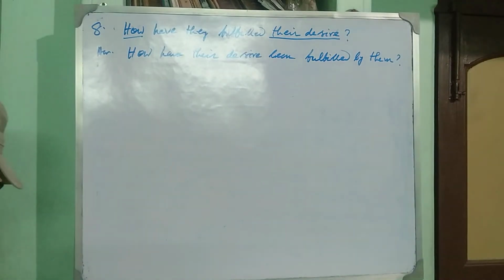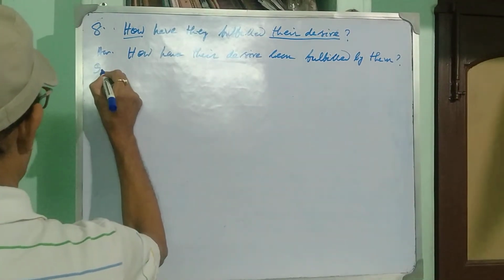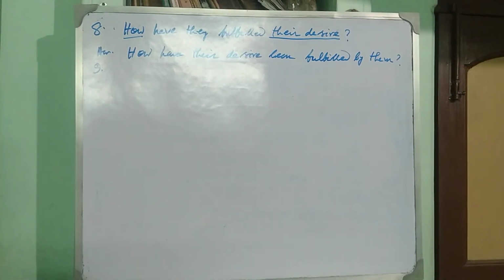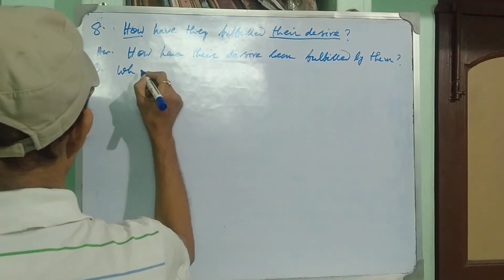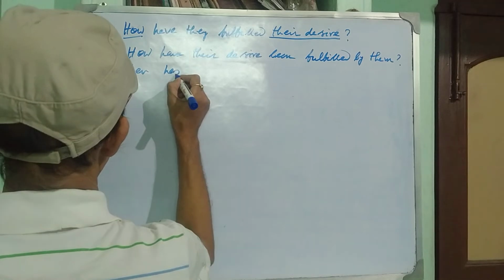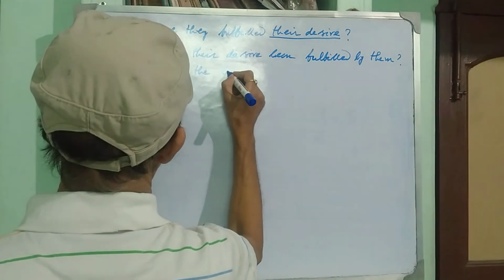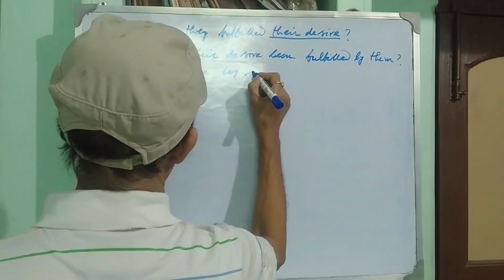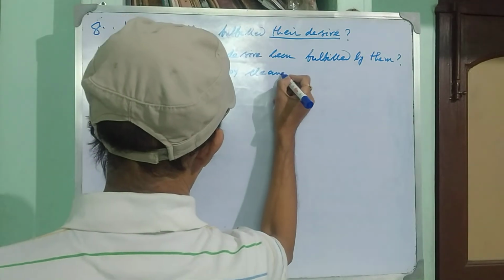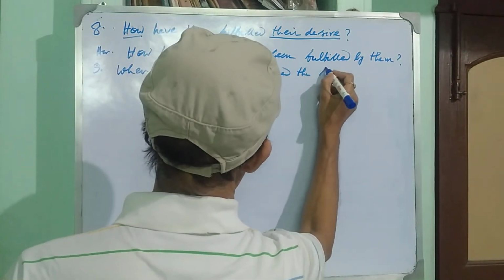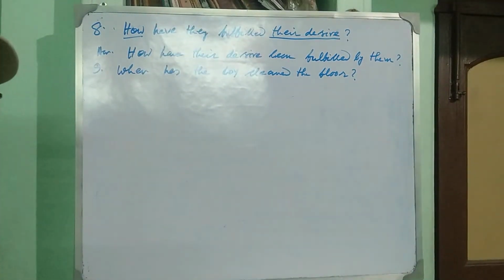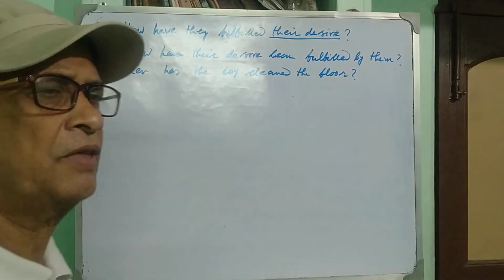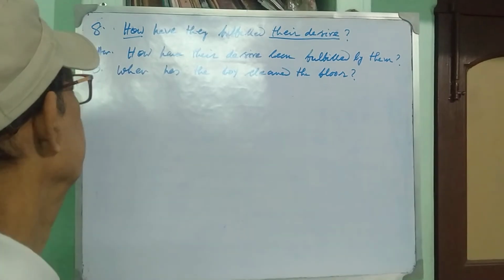Now come to the 9th example. For example: When has the boy cleaned the floor? It is also an interrogative sentence in the present perfect tense.